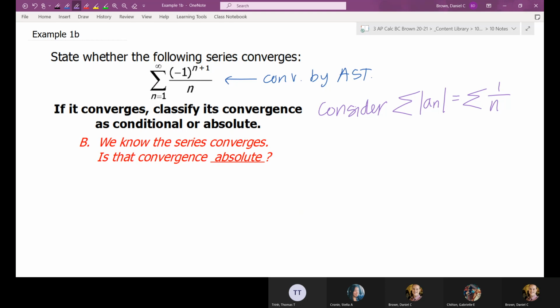You don't have to use a proof. So that series is harmonic, so it diverges. So the original series, is it going to be absolutely convergent or conditionally convergent? Conditionally.